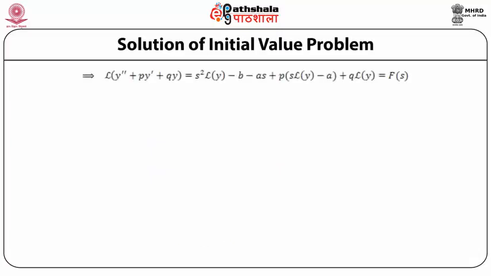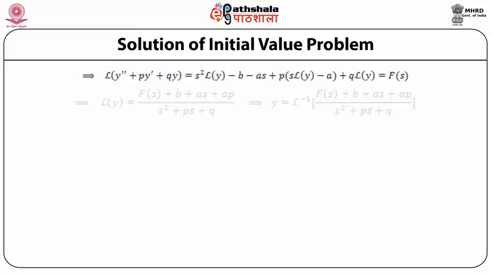Hence, Laplace of y double prime plus p y prime plus q y is equal to s square times Laplace of y minus b minus as plus p times within the brackets s times Laplace of y minus a, brackets close, plus q times Laplace of y is equal to function capital F of s.